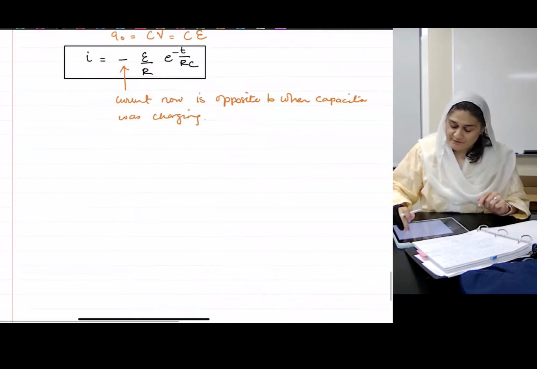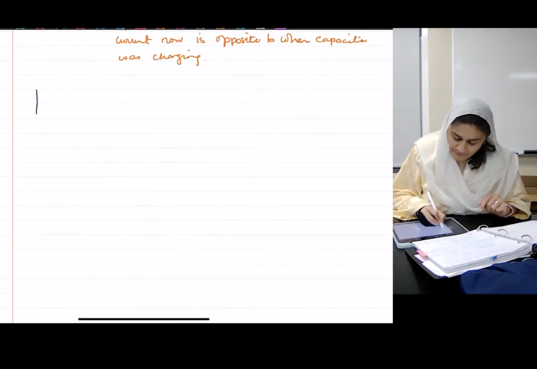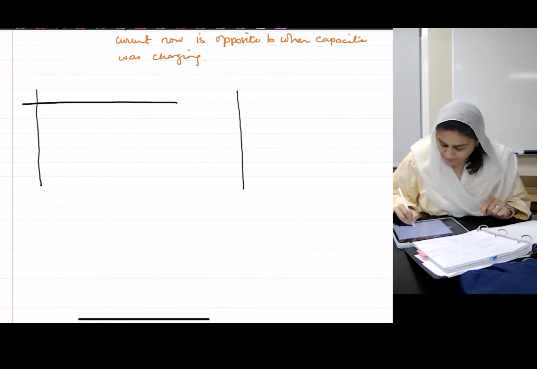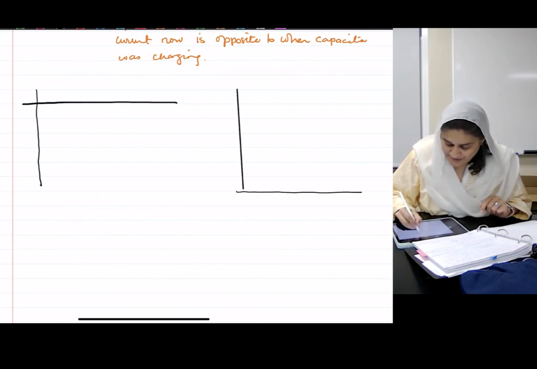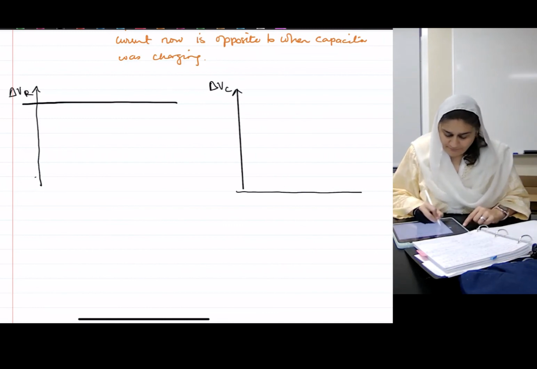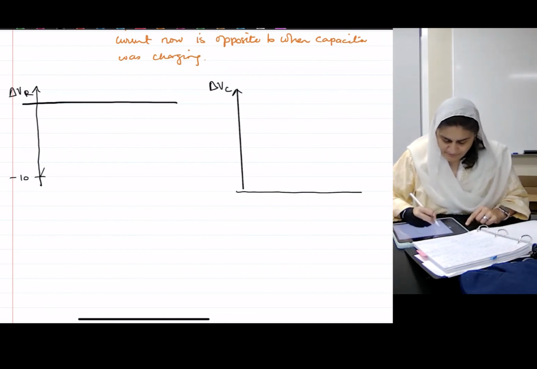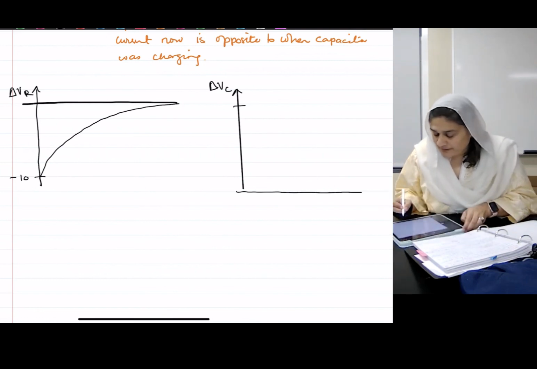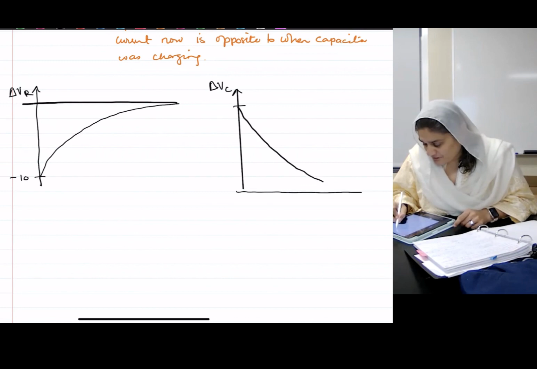Now, what will these graphs look like? So delta VC, delta VR, minus 10, and VC. I can never draw this properly, but it actually has to reach 0.